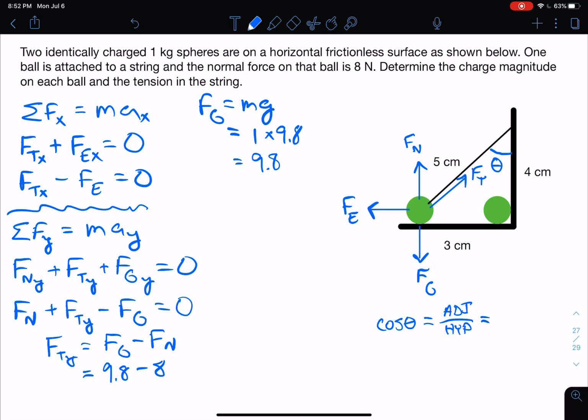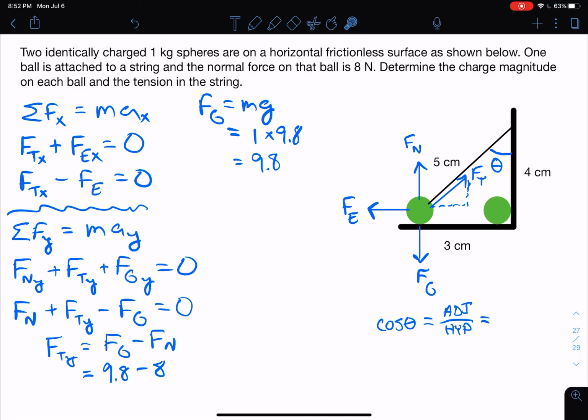And that's also going to equal, so the adjacent side, you can see here for this triangle, the adjacent side is vertical, and if I do my little vector diagram here for the F_t, this vertical side here, this is F_ty, this is F_tx, okay?